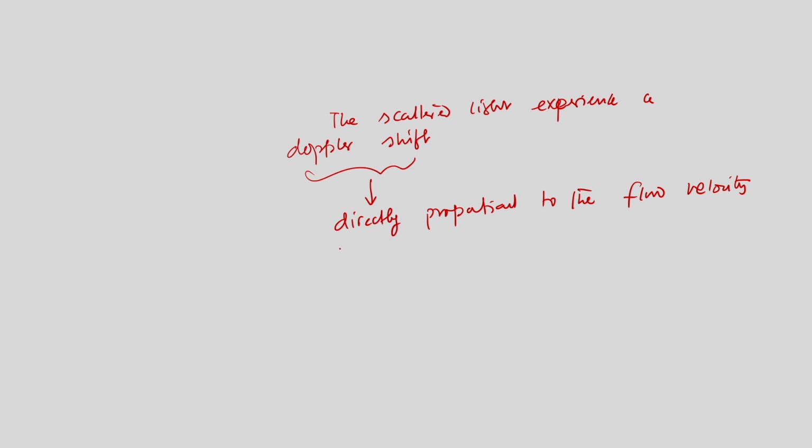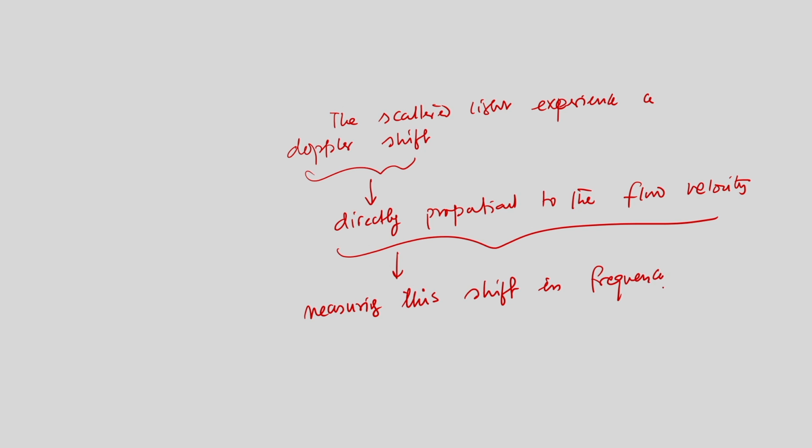This shift is directly proportional to the flow velocity. That means by measuring this shift in frequency, which we have discussed earlier and I am not going to discuss in detail again, that is the Doppler shift, we can correlate it to the flow velocity.